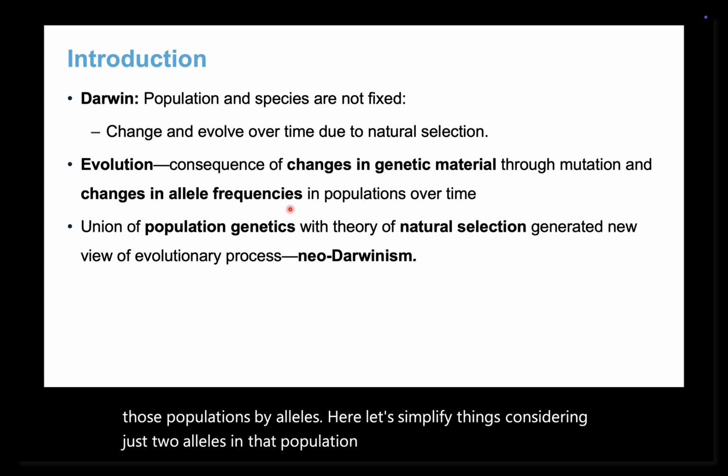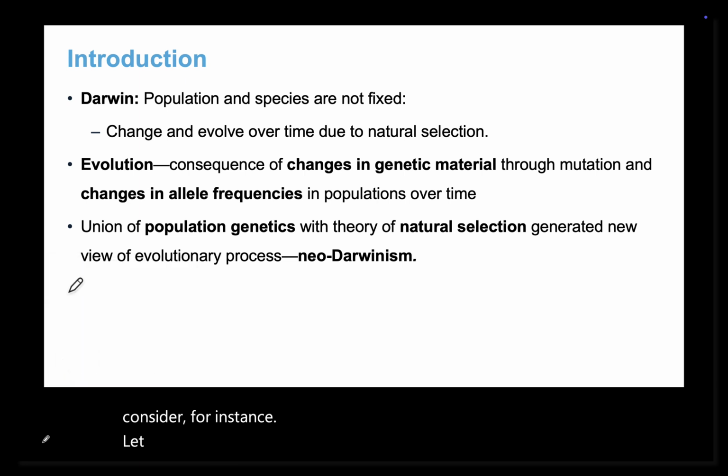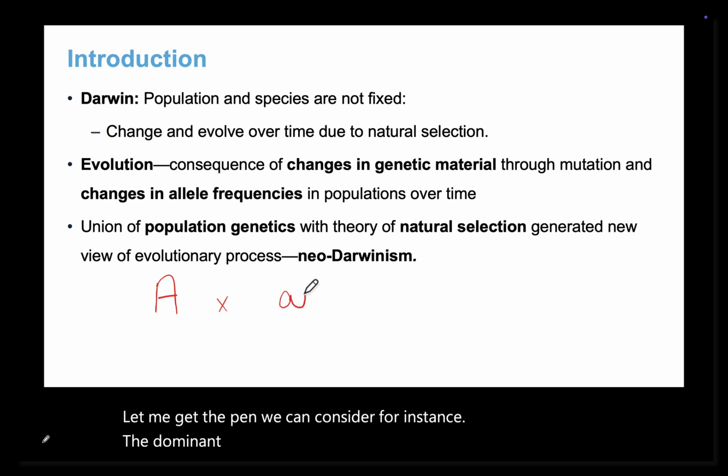Okay? And by 2 alleles, we can consider, for instance, let me get the pen. We can consider, for instance, the dominant allele versus a recessive allele. Okay? Or other types of allele as well.